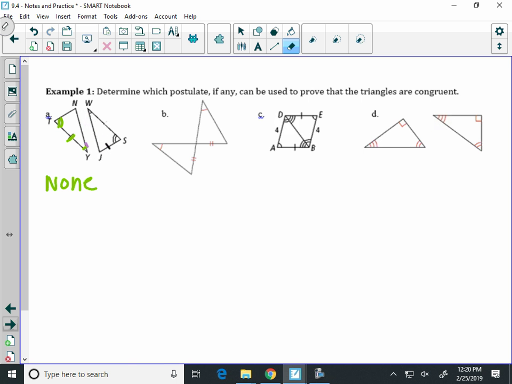If we take a look at B, how can we say that these two triangles are congruent? Good, we have vertical angles, and we know they're congruent. We got that, so let's mark it. Now that we've marked those angles, which shortcut can we use? Side, side, side. Side, angle, side. Angle, side, angle.